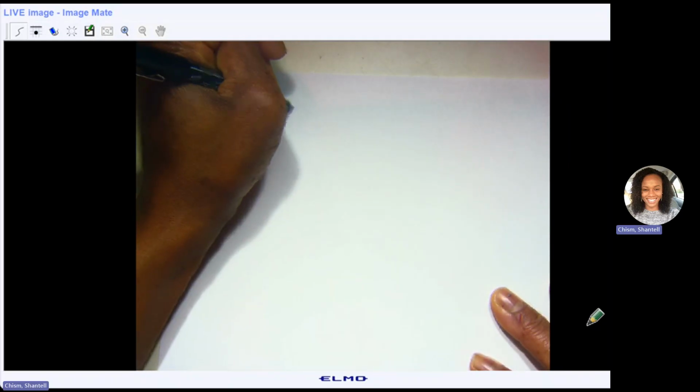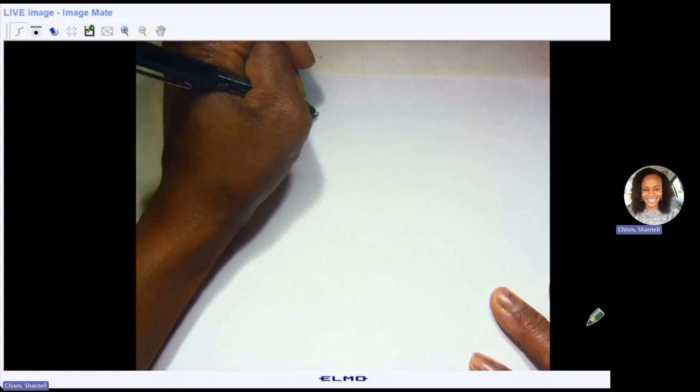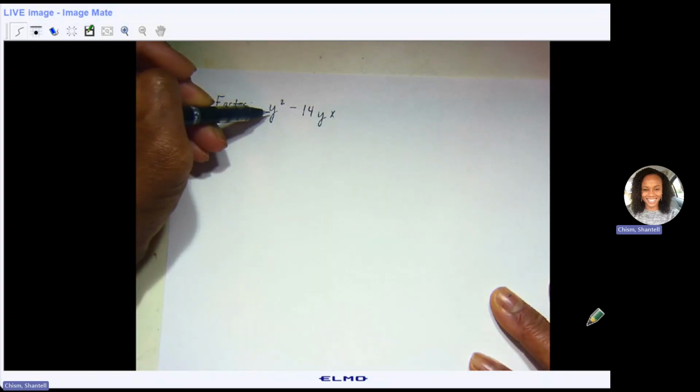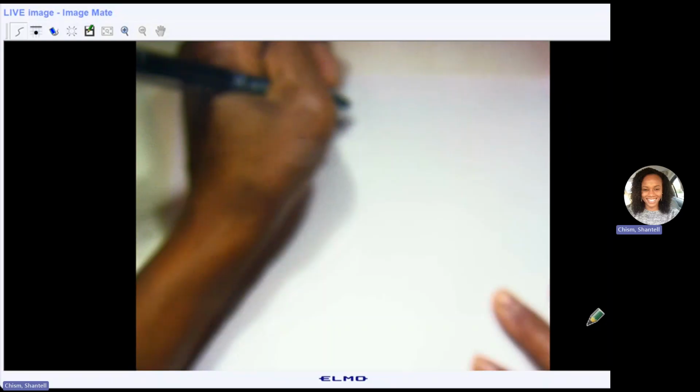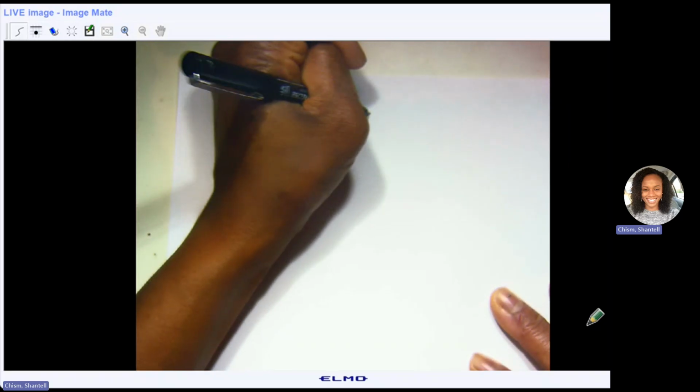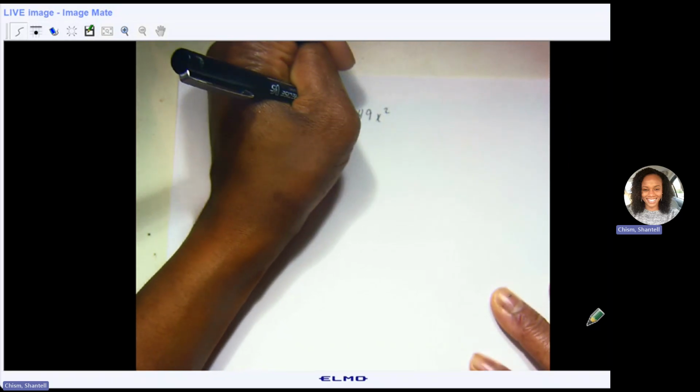Let's have y squared. Let's go with minus 14yx, and then plus 49x squared. Okay? All right. So first off, of course, you always look for a GCF. We do not have one. Let me kind of move this out the way. It's tending to be blurry here.